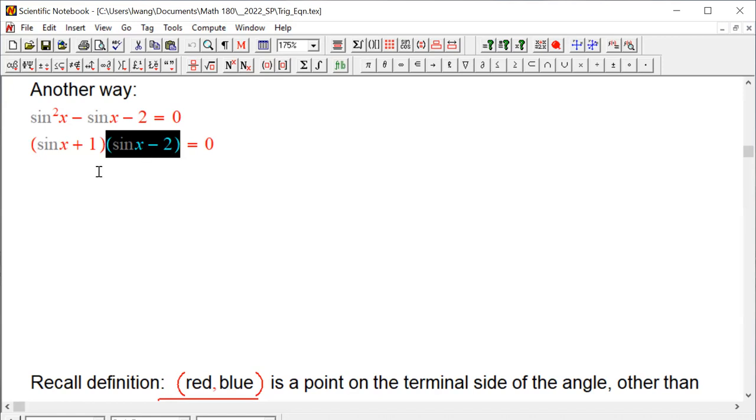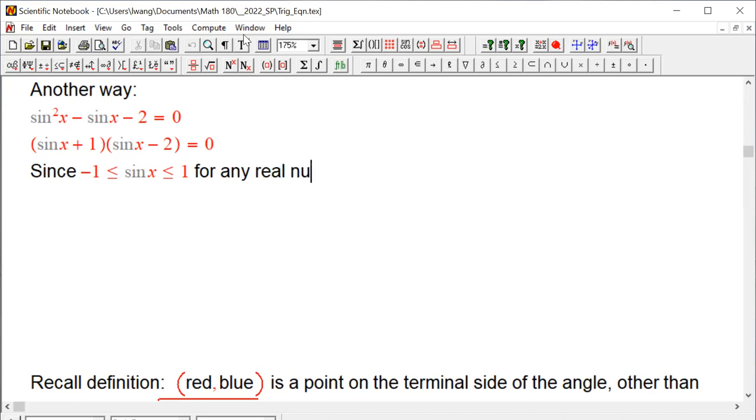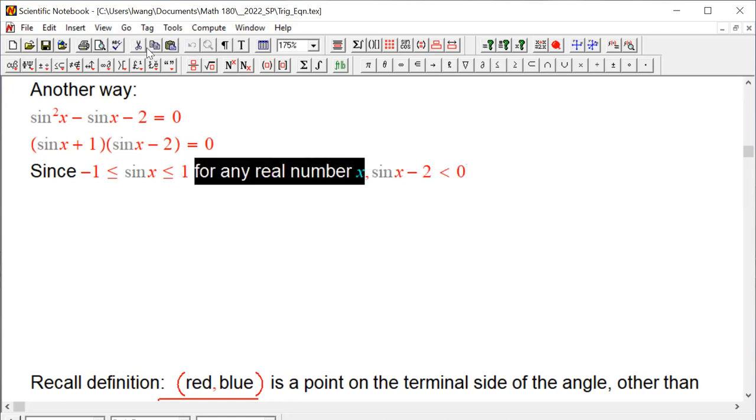Just another way to put it: sine x is always between -1 and +1 for any real number x, and therefore sine x minus 2 is always negative for any real number x.